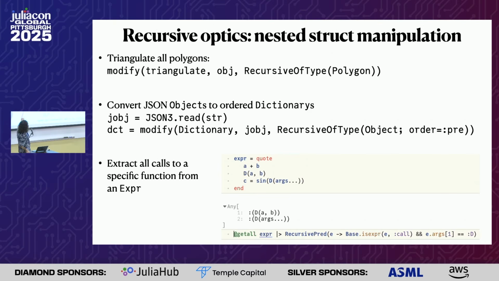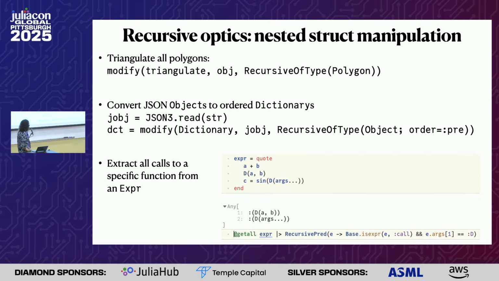If you have a JSON object and you want to convert everything to dictionaries, not dicts, you can do it the same way. You can recursively select all JSON objects and apply the dictionary constructor to them. It just works.